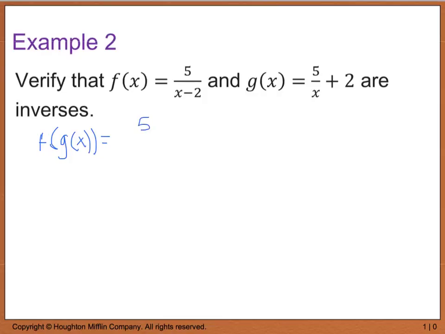So I have 5 divided by x plus 2 minus 2. And when we simplify, our 2's are going to cancel. So then we're left with 5, and I'm going to rewrite this divided by 5 divided by x like that.